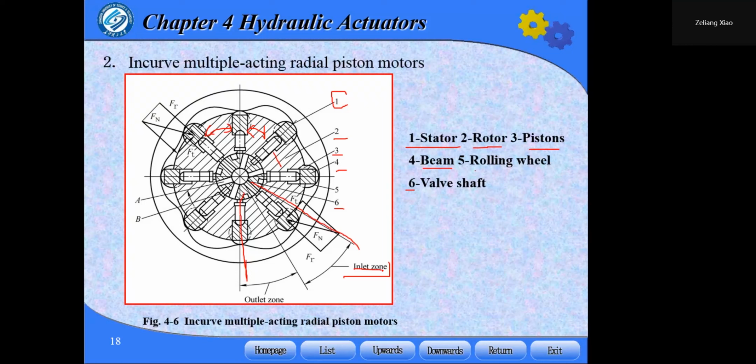One group of oil distribution ports A connects with the inlet port of the valve shaft center, while the other group B connects with the return oil path. These two groups of oil distribution ports are exactly located in the inlet and outlet regions, respectively.